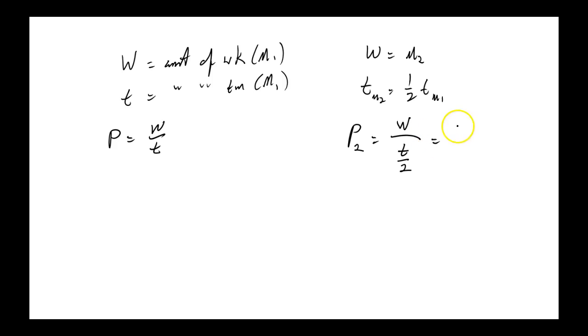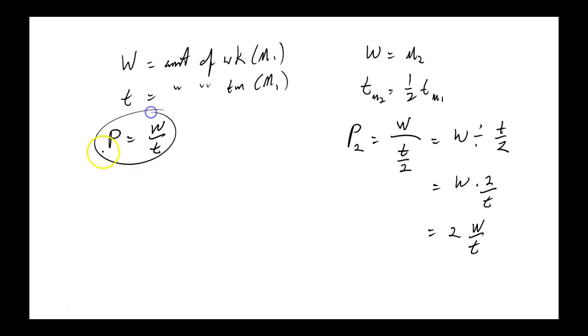That would be W divided by T over 2, which would be W times, if you're dividing a fractional form, you multiply by the reciprocal, 2 over T. So what does that give you? 2 times W over T. Well, W over T was the power of the first machine.